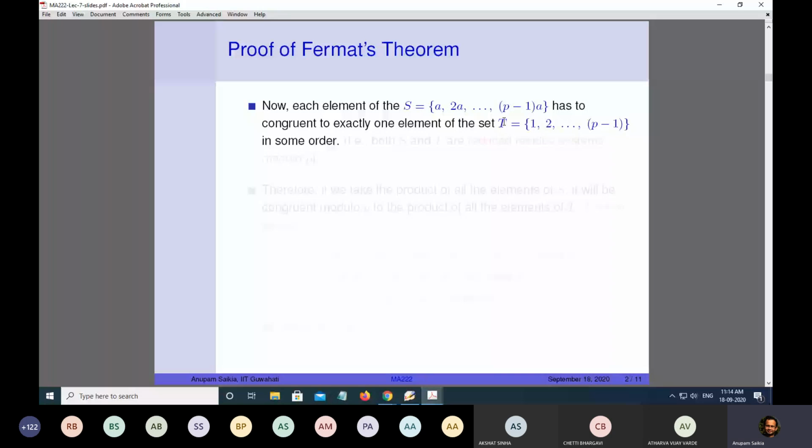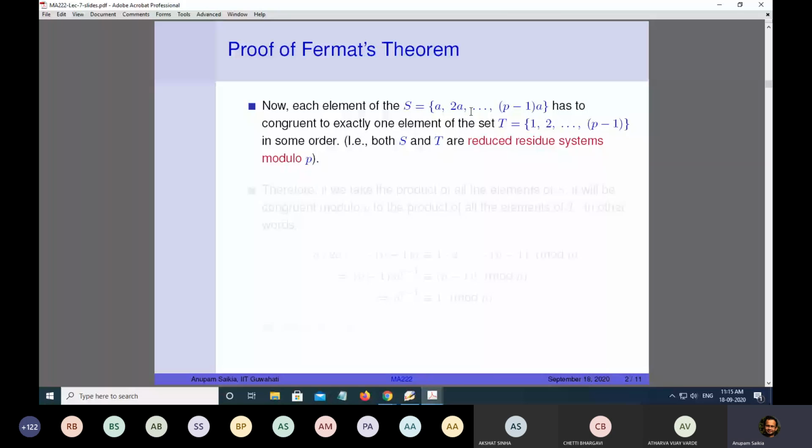Or in other terminology, we say that both are reduced residue systems. We defined it last time, but even if we have forgotten the definition, it does not matter. All we are saying is that these p minus 1 numbers leave different remainders when divided by p.